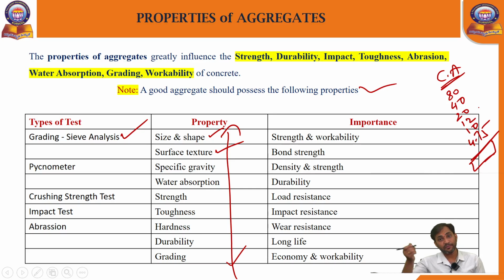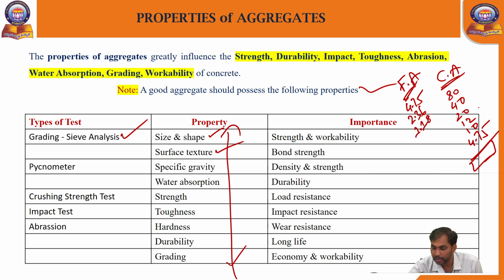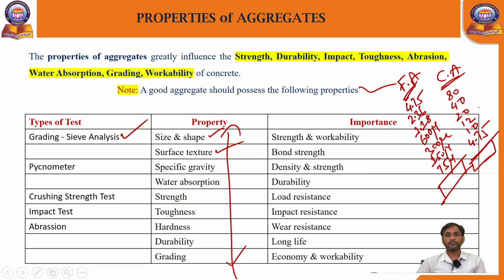Again, if you go less than 4.75 mm, then it is kept as fine aggregate. So the sieves will be arranged as 4.75 mm, 2.36 mm, 1.18 mm, 600 microns, 300 microns, 150 microns, 75 microns, finally the pan.